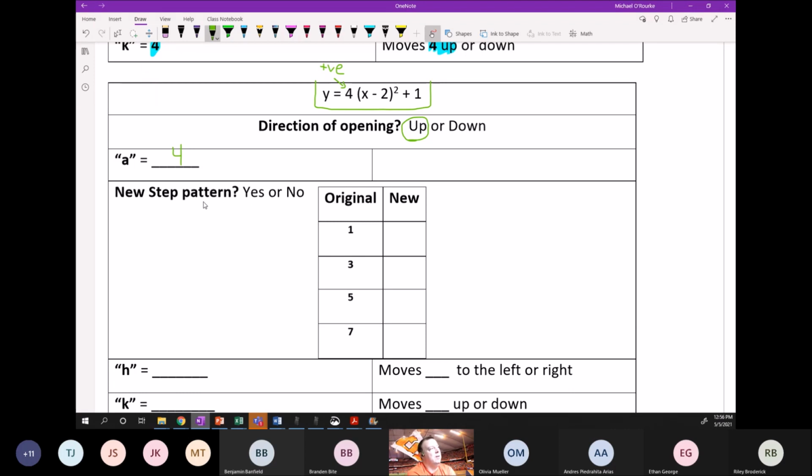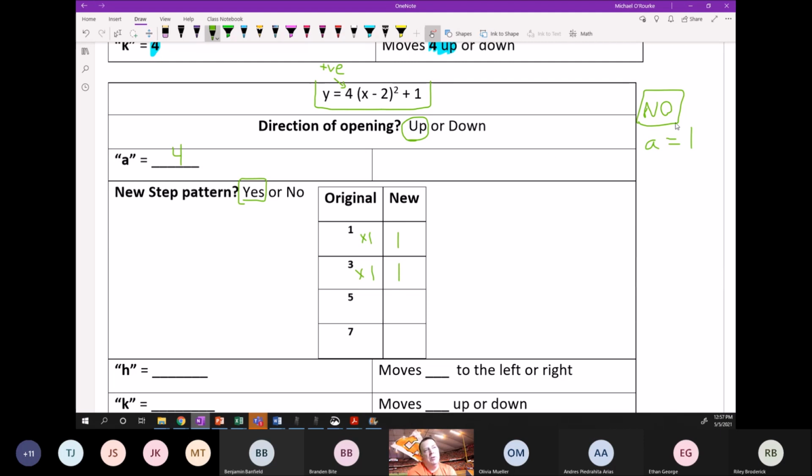Okay, who's up next? Do I have a new step pattern? Yes or no? Who wants to tell me that? Charlie says yes. Now, you would not have a new step pattern. It would be a no if A equals 1. That's when you don't have a new step pattern, because if I times this by 1, I just get the same thing.